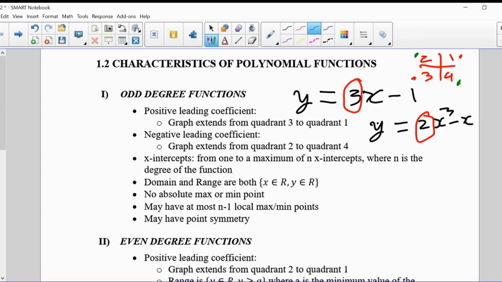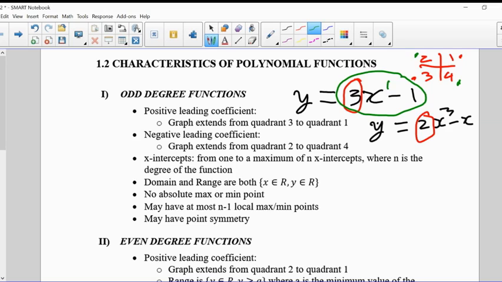Now, let's talk about some other things that we didn't really get into yesterday: x-intercepts. An odd degree function has anywhere from 1 to a maximum of n x-intercepts, where n is the degree of the function. So a degree 1 function can have only 1, because the degree of the function is 1, x to the power of 1.